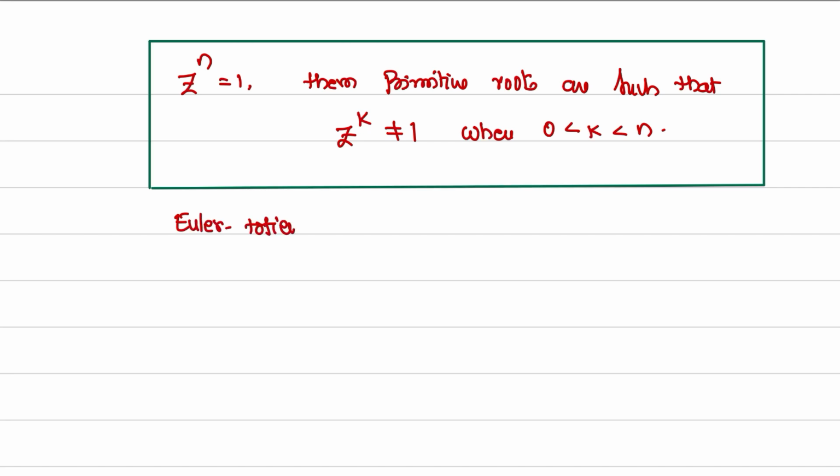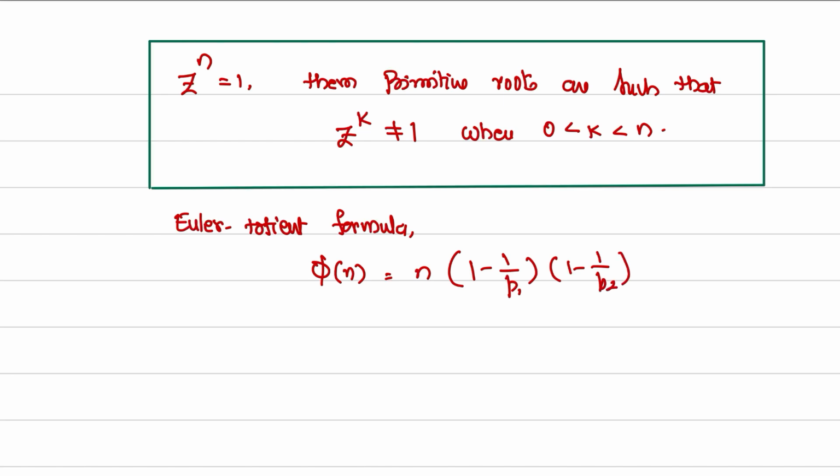It says, directly we will write phi n is equal to n into 1 minus 1 by p1, 1 minus 1 by p2, 1 minus 1 by p3, and so on. This gives the number of primitive roots.